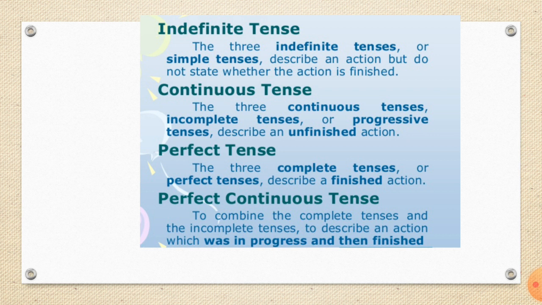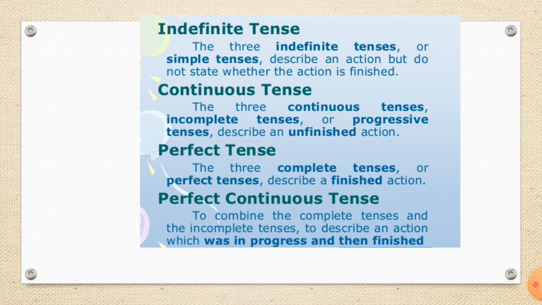Now we will see what is simple tense. The three indefinite tenses or simple tenses describe an action but do not state whether the action is finished. Now we will see what is a continuous tense.